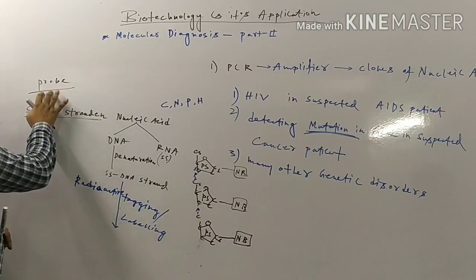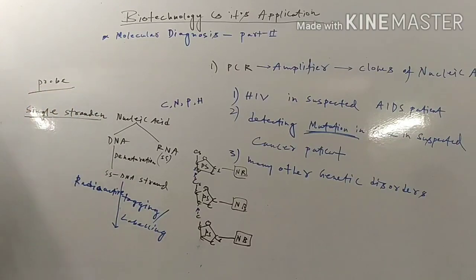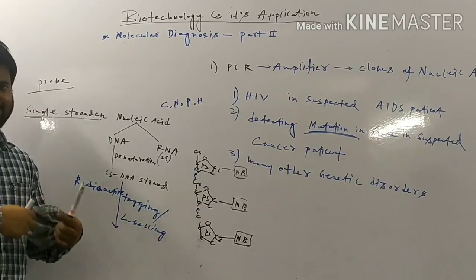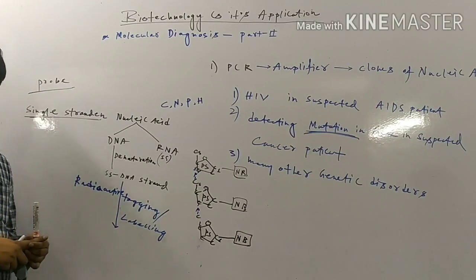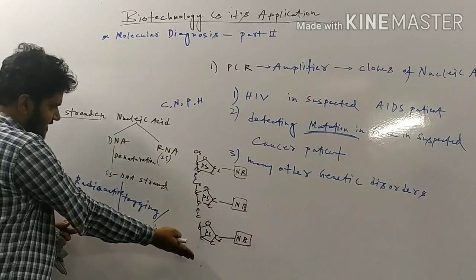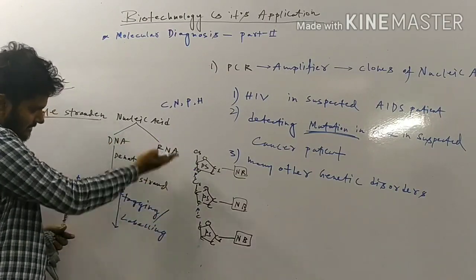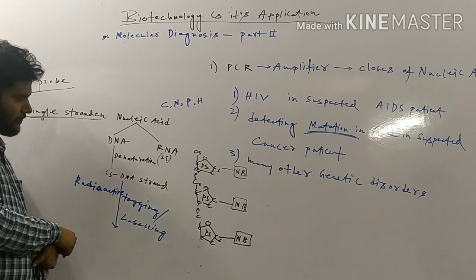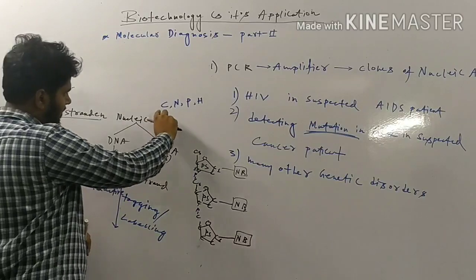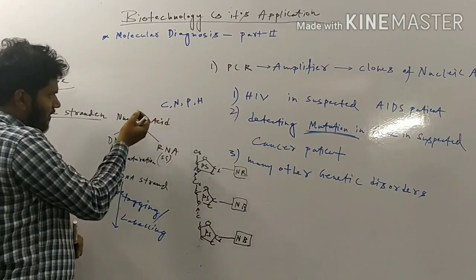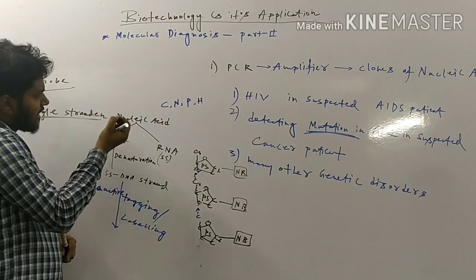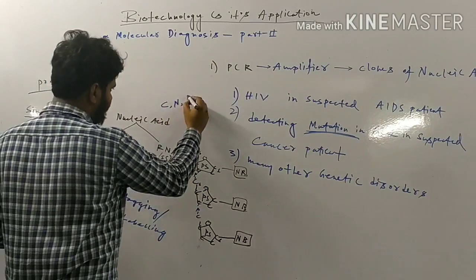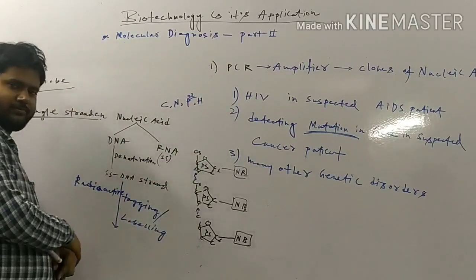And how does this occur? When we produce a probe, we artificially synthesize the nucleotide sequences, this DNA or RNA sequence. During that time, we use a radioactive isotope of any of these important atoms, and the most used is P32.